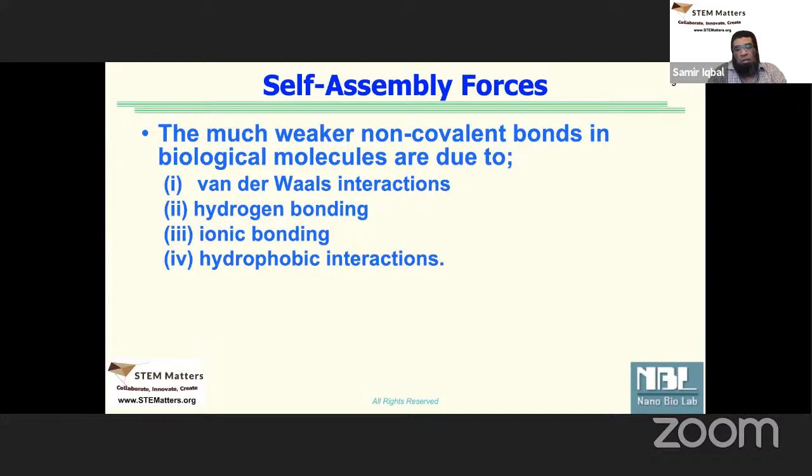When these forces are there, we have to calculate the magnitude, and the engineering design has to be made in a way that we overcome those forces. All right, we'll talk more about nanoscale forces.